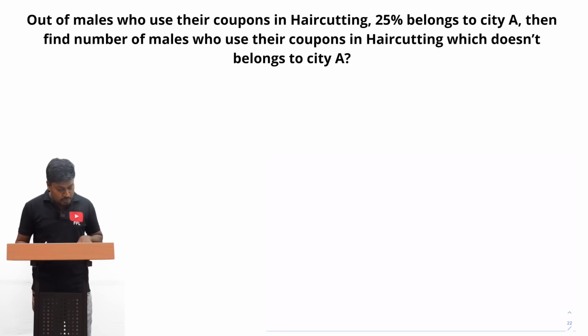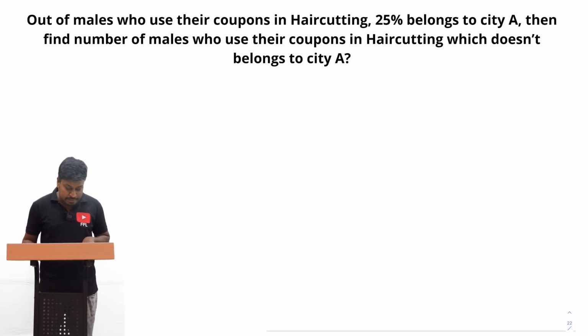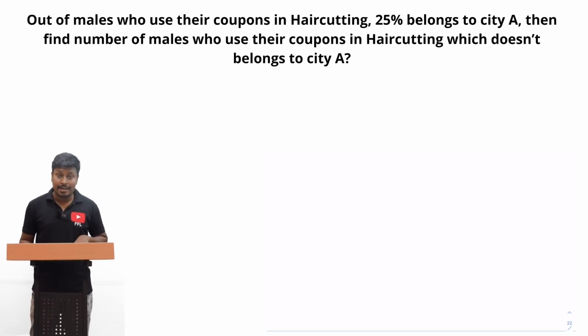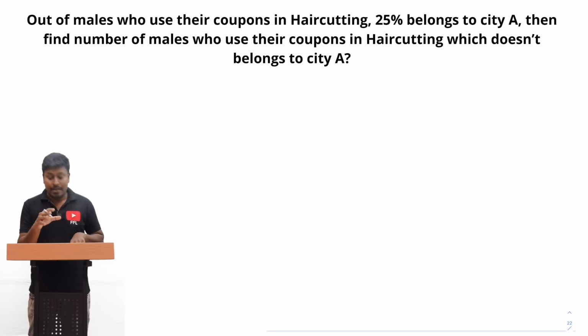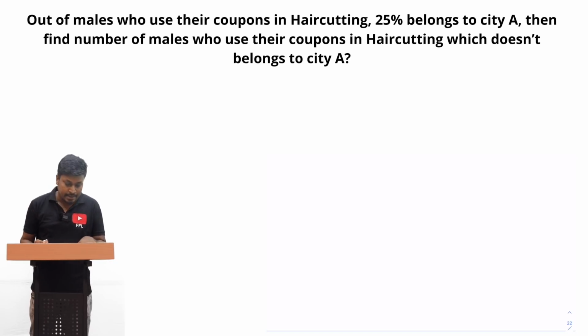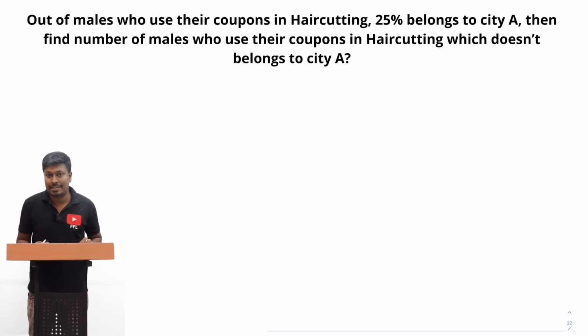Out of males who use their coupon in hair cutting, 25% belong to city A. Then find the males who use their coupon for hair cutting who do not belong to city A. Our target is to find how many persons do not belong to city A. If 25% belong to city A, then the remaining 75% do not belong to city A. Got it?